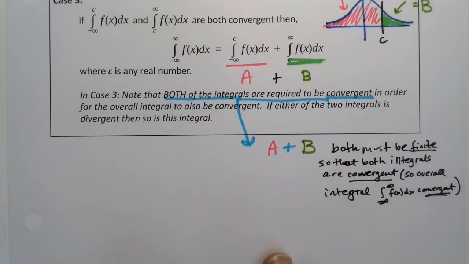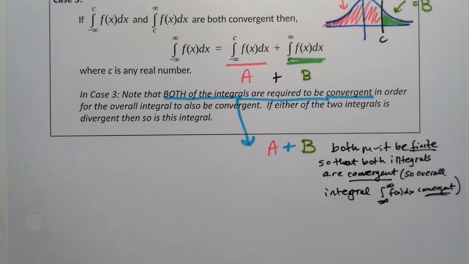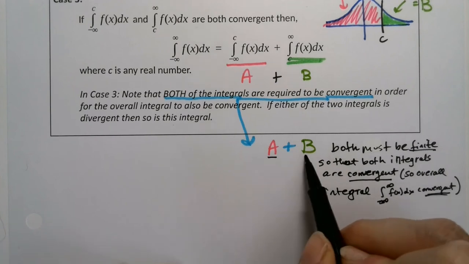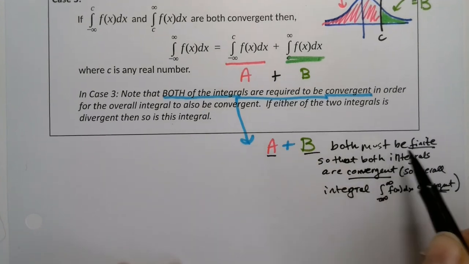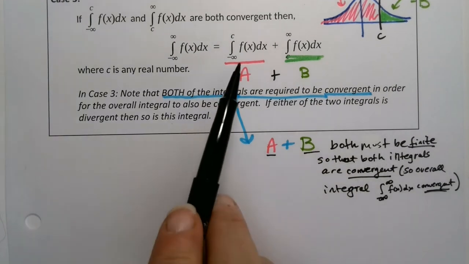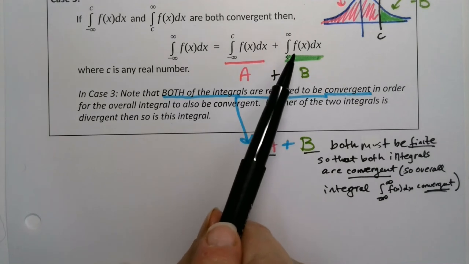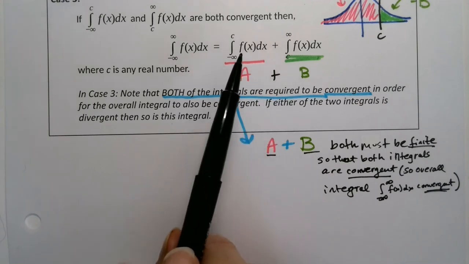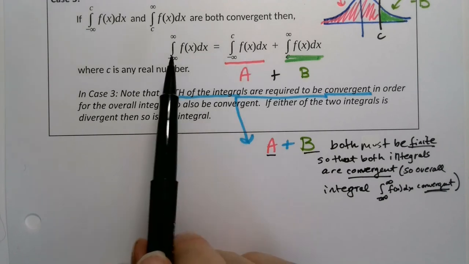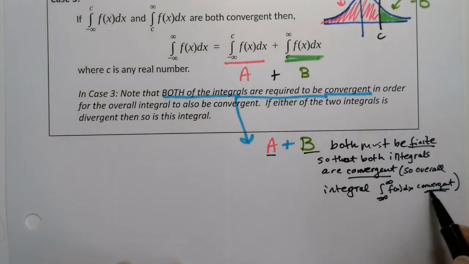So both these values must be finite in order for each of the integrals they were representing to be convergent. And therefore, if both of these are convergent, then the overall integral is also convergent.